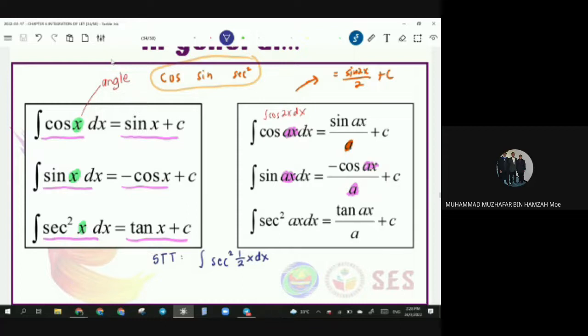Well, obviously we are referring to this one, integrate secant square ax. Okay, Aina, Sharifah, Shaura, Irdina. Okay, 2 tangent half x plus c, same goes to Shaura. Okay, Faris Hakim is the same.